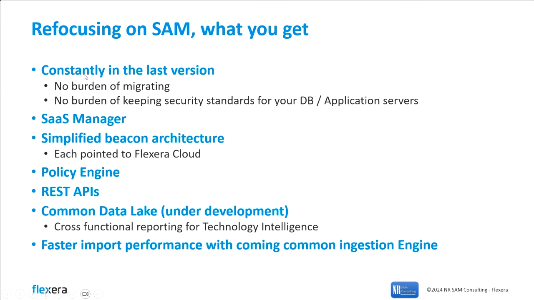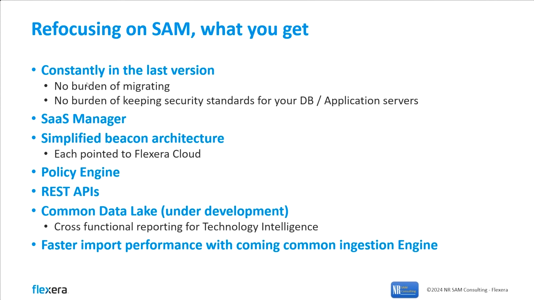You will be constantly on the last version of the application. And having worked in many projects, and I will insist on this in the next slide, a customer who today uses FlexNet Manager 2021 R2 or even 2020 R2, which is a recent project I worked on, doesn't have the same value and the same chances of being successful as a customer who works in the current version.